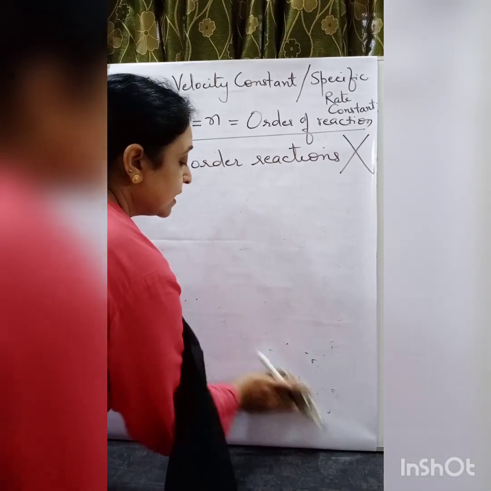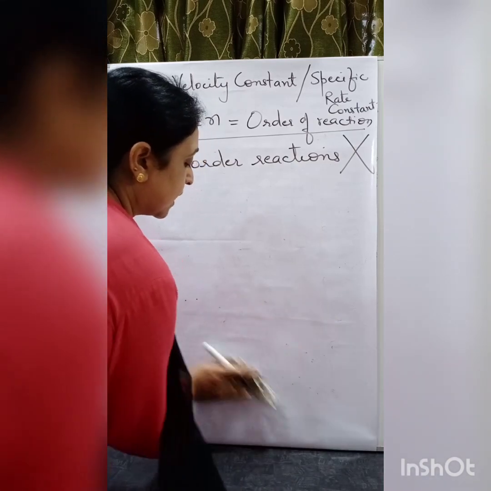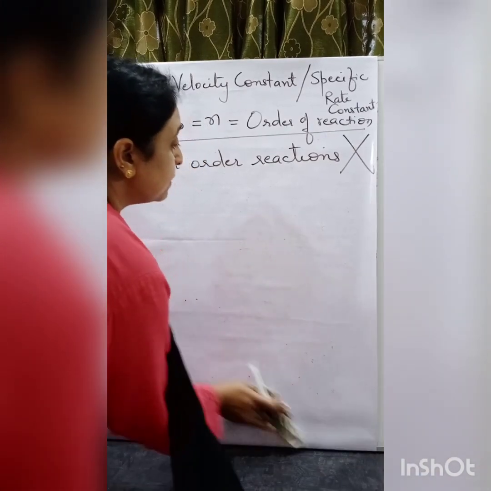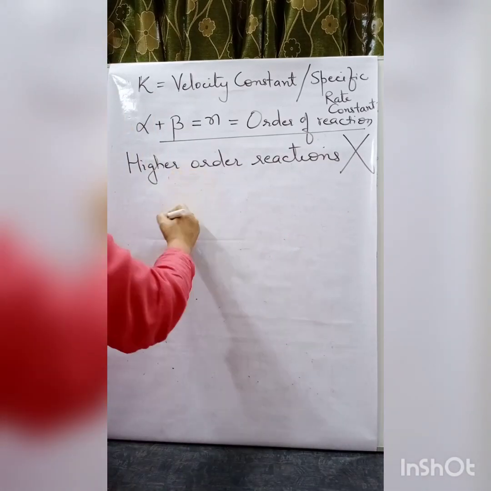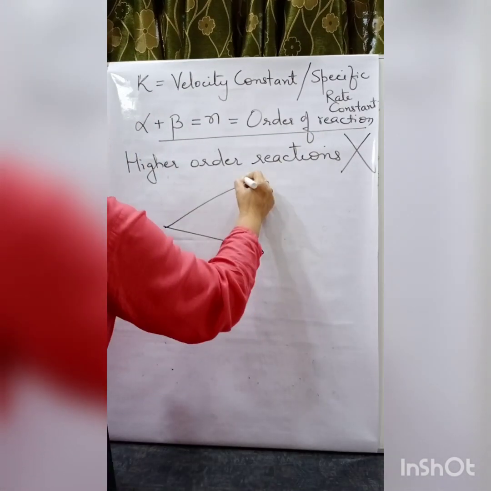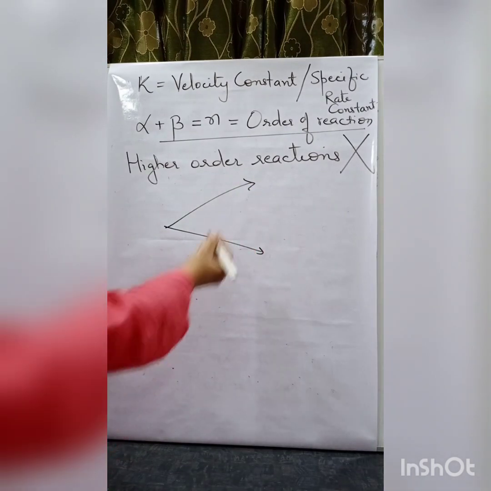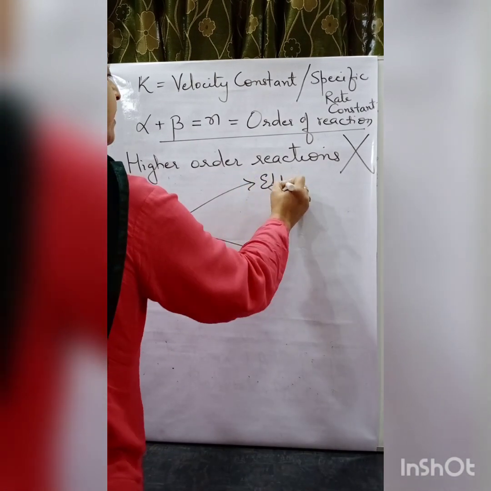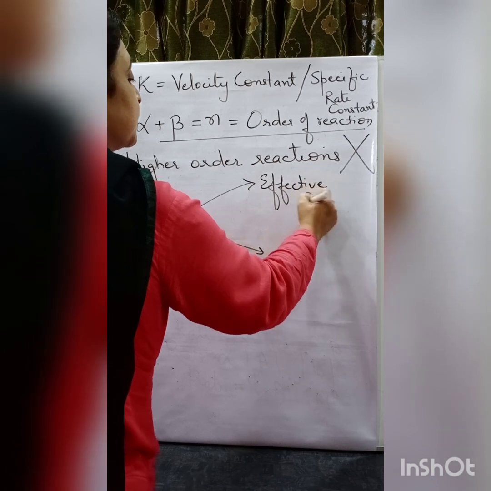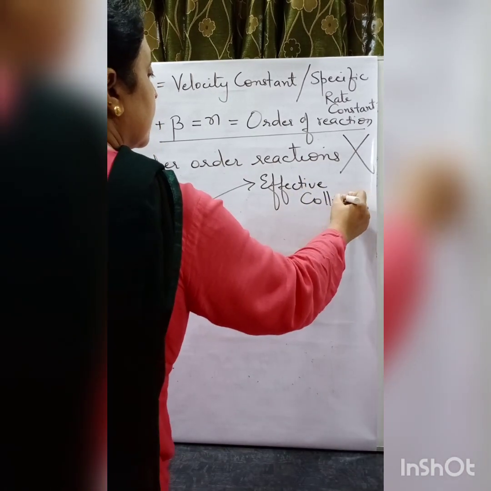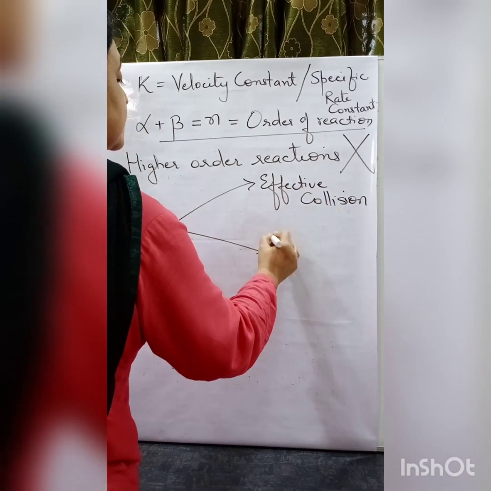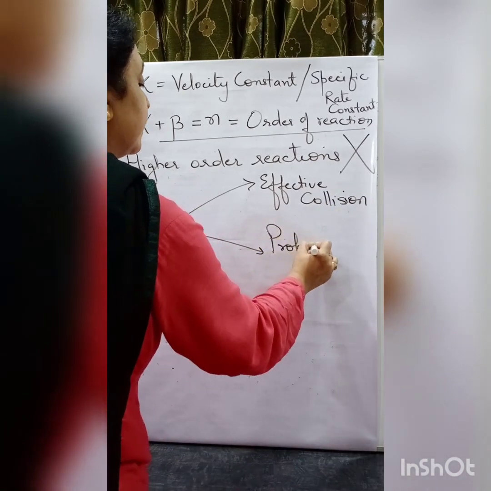Basically, the reactant gets converted into product by the collision between the reactant molecules. So basically, there are two factors which are taken into account. One is effective collision, and the second one is proper orientation.